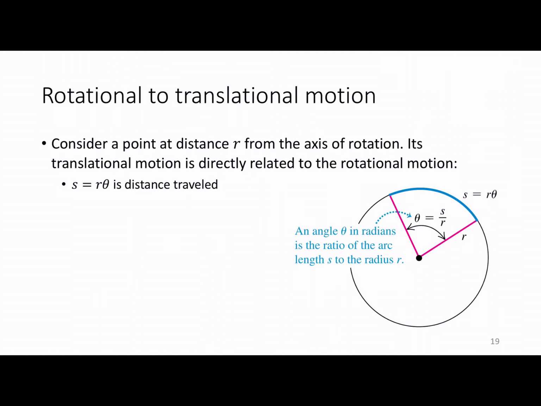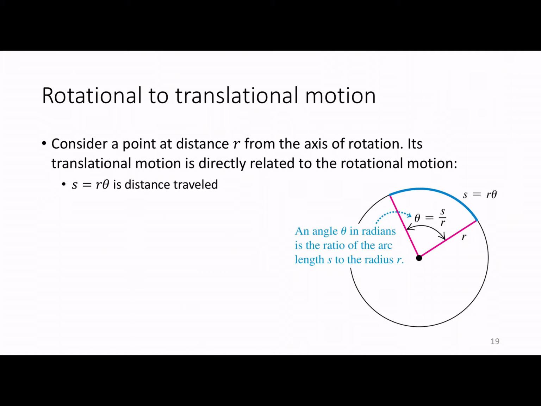But the cool thing is that rotation is actually connected to translation. So it's this formula I was saying before, arc length is equal to r times theta. So consider that I have Usain Bolt running around a track or some point, like, I don't know, a pendulum swinging around my head. I have a point at a radius r that is moving around in a circle.